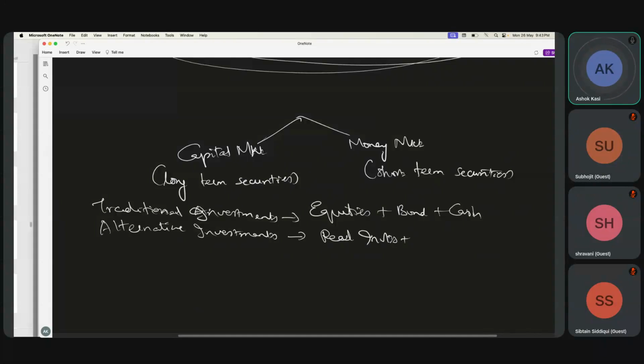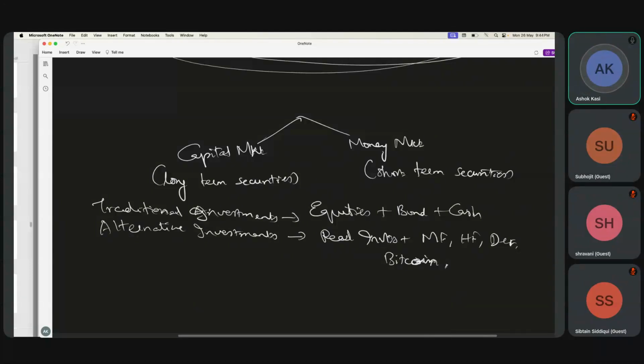Real estate is alternative investments, mutual fund is alternative investments, hedge fund is alternative investments, derivative is alternative investments, Bitcoin and other cryptocurrencies are alternative investments. So all these are alternative investments.